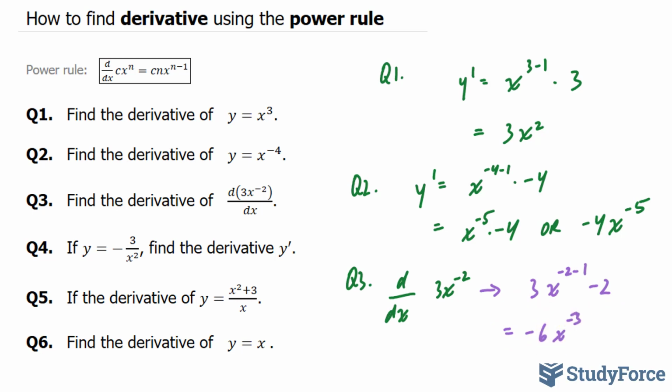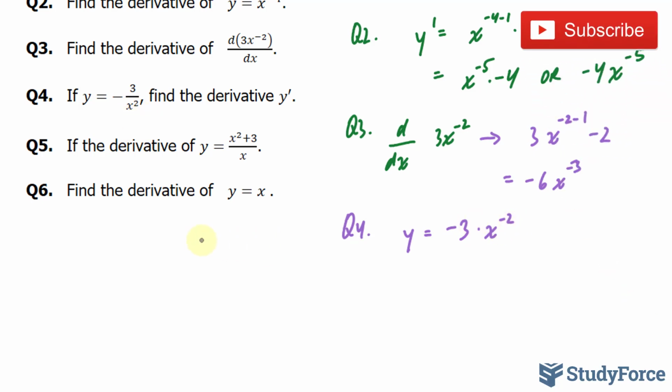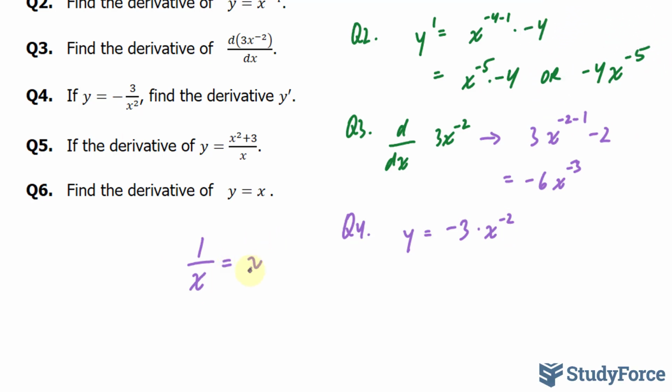In question 4, they ask us to find the derivative of y is equal to negative 3 over x to the power of 2. So we'll rewrite our equation so that it looks like negative 3 times x to the power of negative 2. Remember, you can rewrite expressions like this without fractions into x to the power of negative 1.